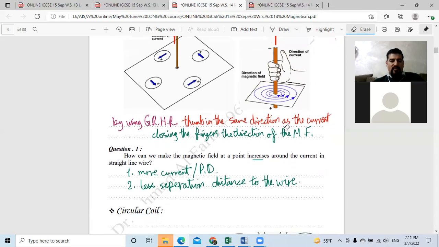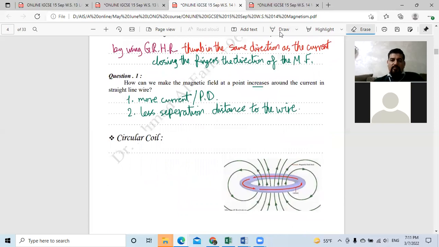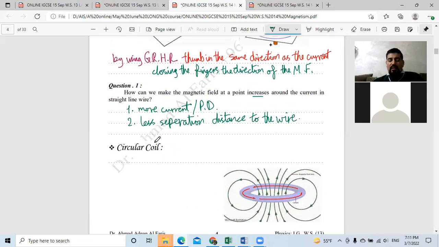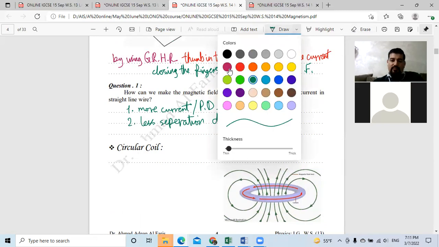Okay, let's move on. Circular coil. They didn't ask about it that much, but maybe they ask about it as a multiple choice question. What do we have in a circular coil? We have magnetic field lines that concentrate at the center of the circular coil, and it's uniform because they are parallel lines in this region. So what am I going to say here?